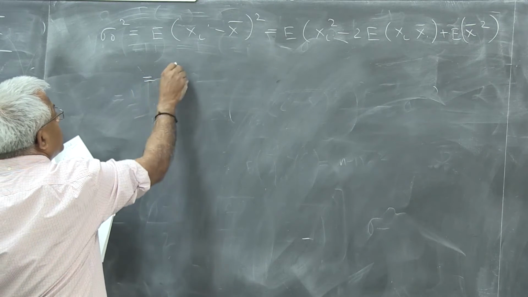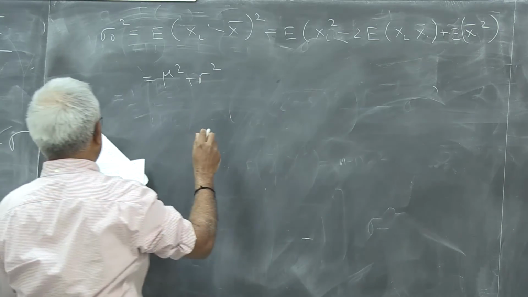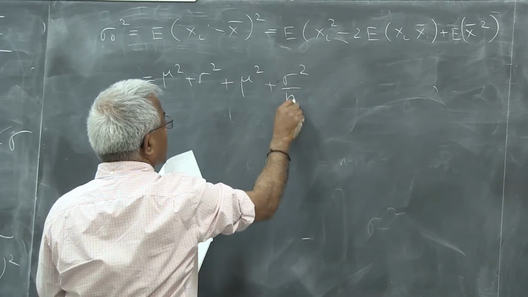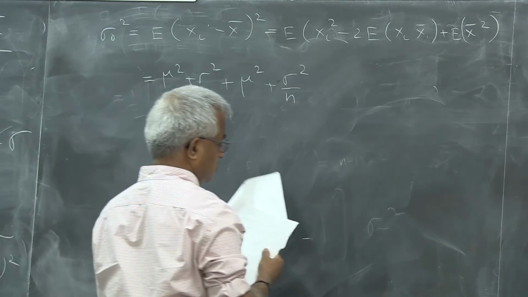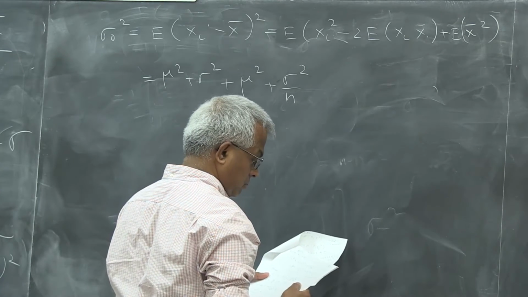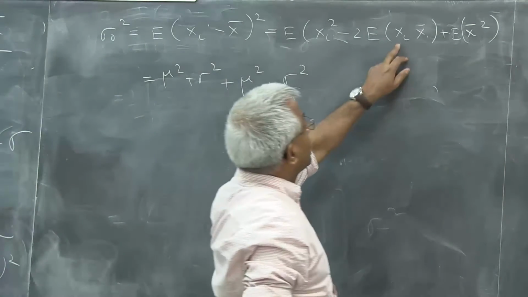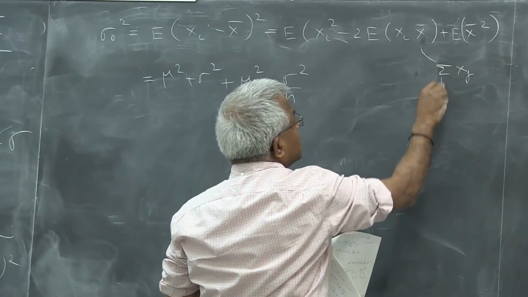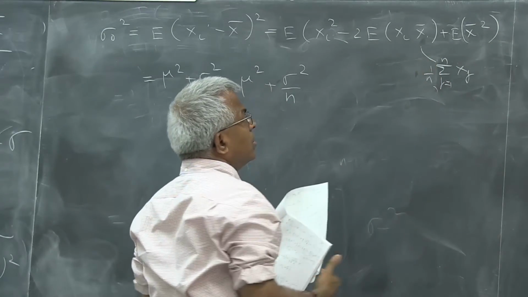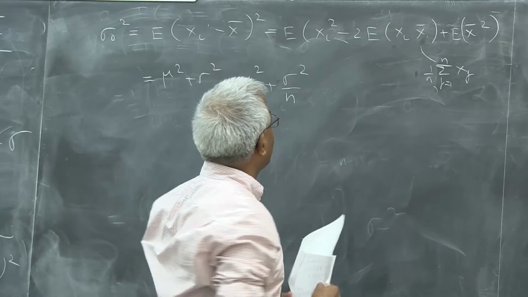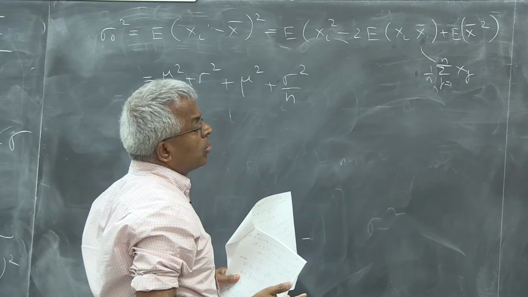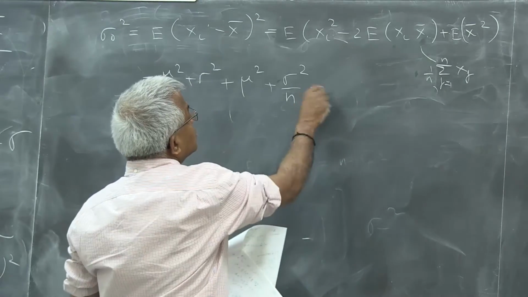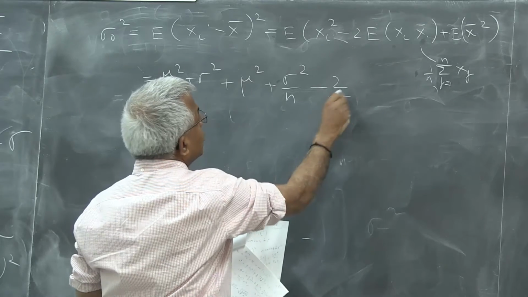So xi squared is mu squared plus sigma squared, and x bar squared is mu squared plus sigma squared over n. And x bar is 1 over n sum of xj. You can see xi is uncorrelated with all of them except xi. So it's 1 over n xi squared. So this is minus 2 over n.